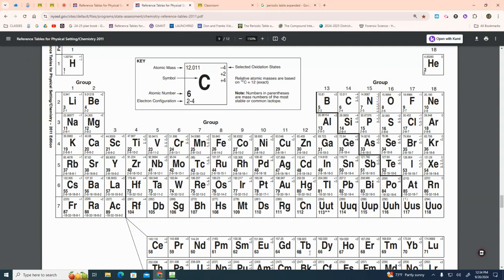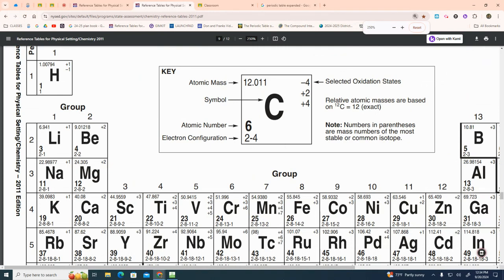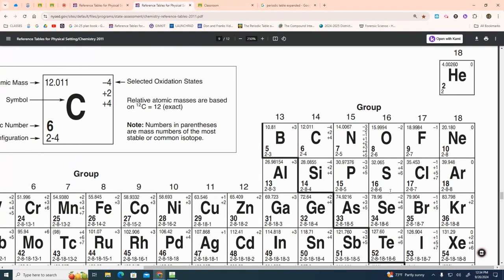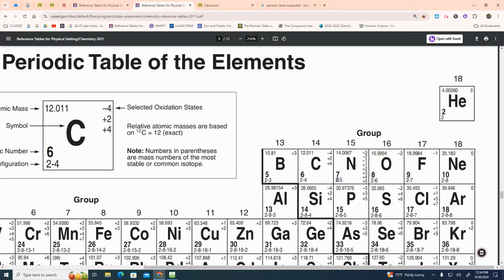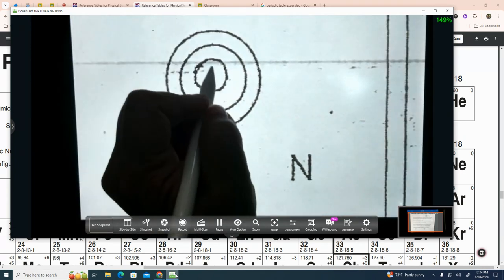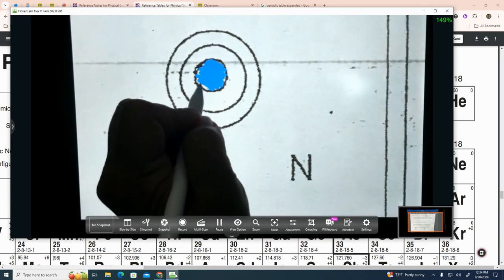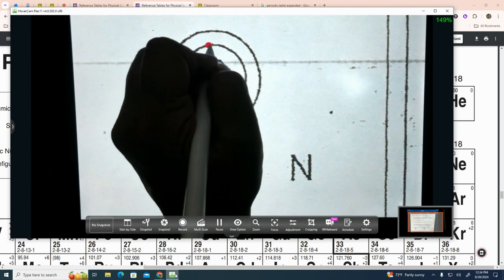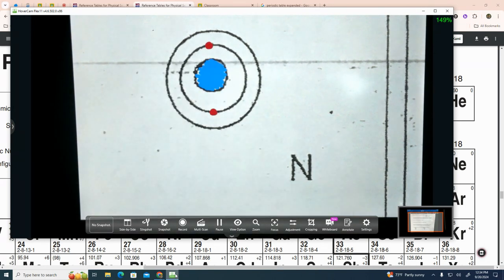So when we look at nitrogen, it's got 2 rings. In the first ring, how many electrons are you going to put? 2. And in the second ring, you're going to put 5. Golden. Okay, so let's pretend that this is my nucleus right here. In my first ring, I'm going to put 2 electrons.